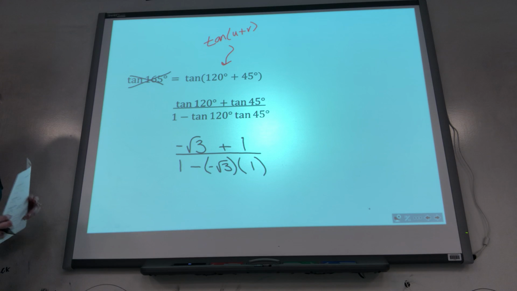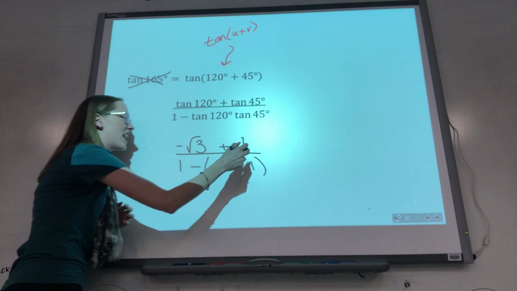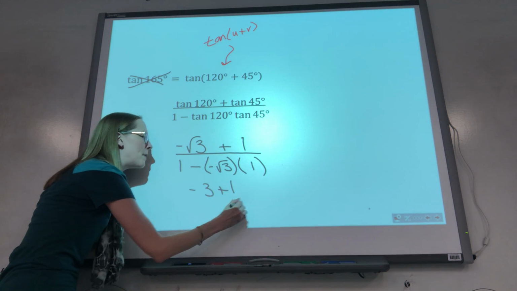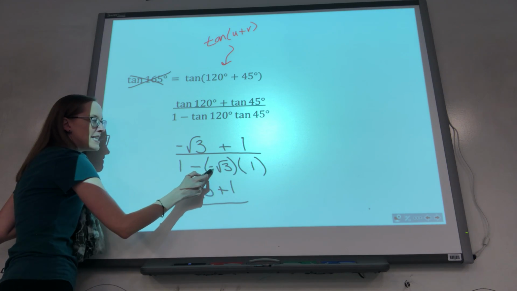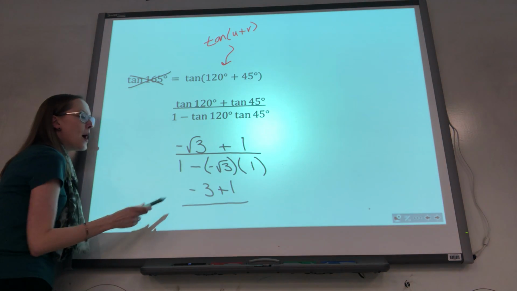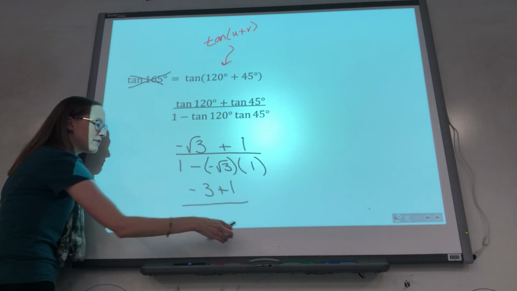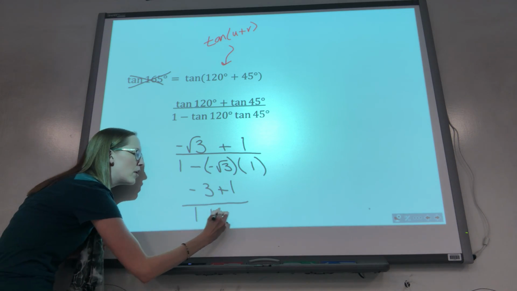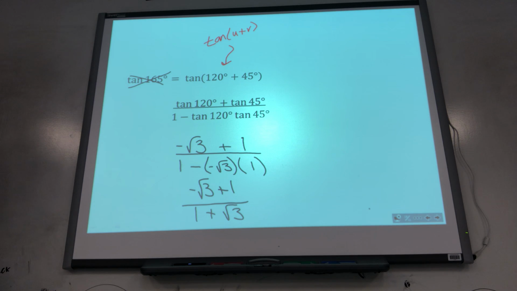Now, a lot of times the only mistake that I see with these problems is a sign somewhere, not S-I-N, but S-I-G-N, like a positive or a negative somewhere. So just be careful on bottom. This multiplies out to just be negative square root of 3, but you don't want to put 1 minus negative square root of 3. Let's put 1 plus square root of 3.